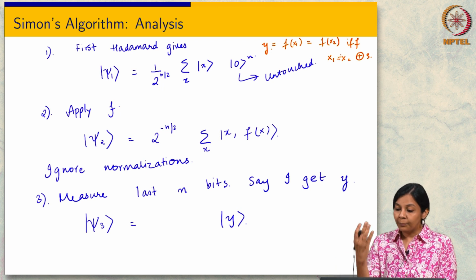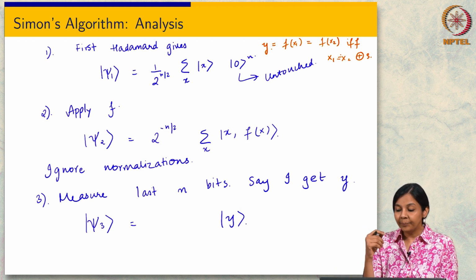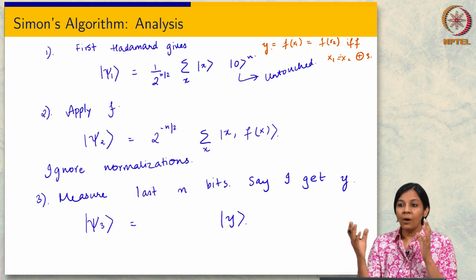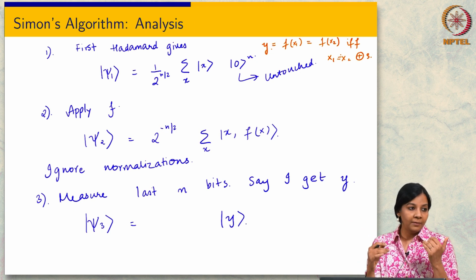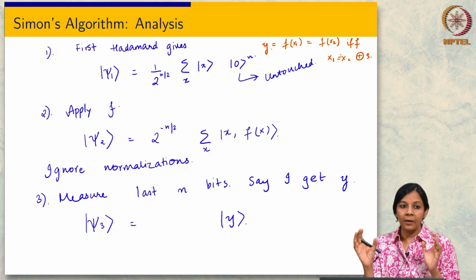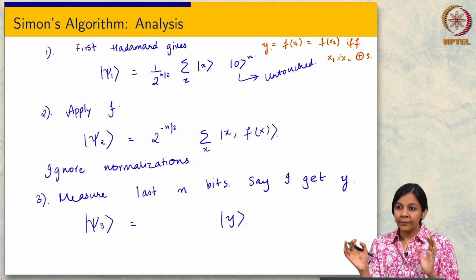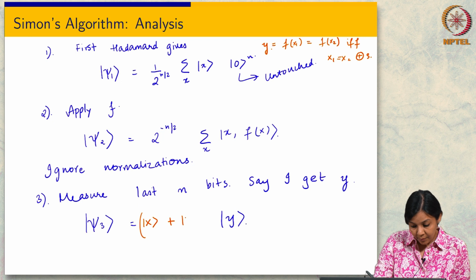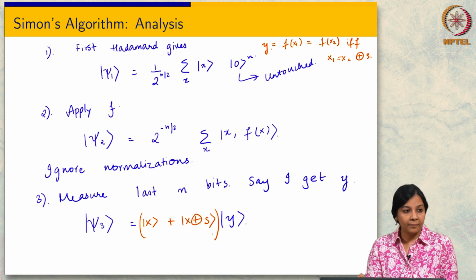The point I was making is that it does not matter what y I got in the last n registers. This is now going to collapse the first n registers into two values that are separated by s. Does everyone agree? What I will get here is something like this.